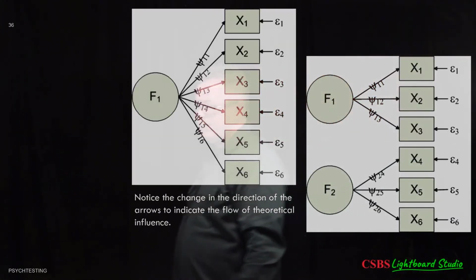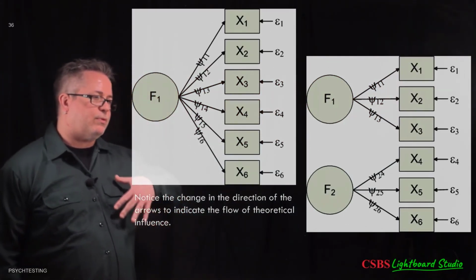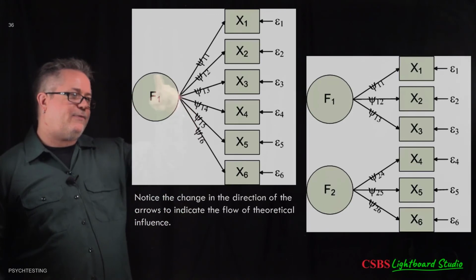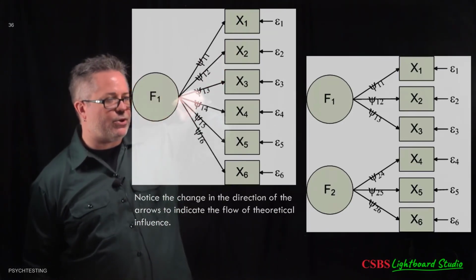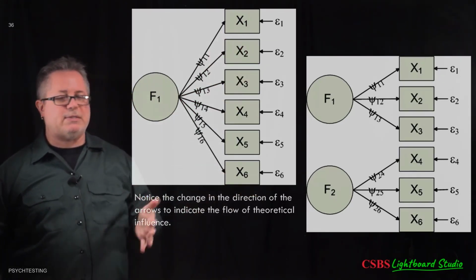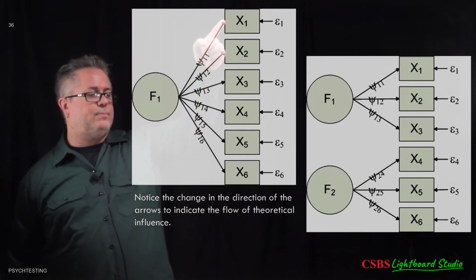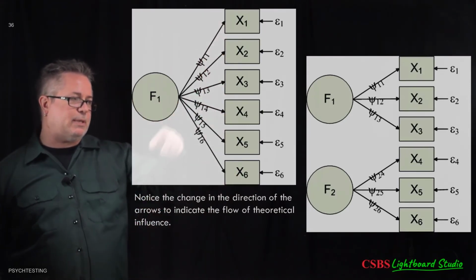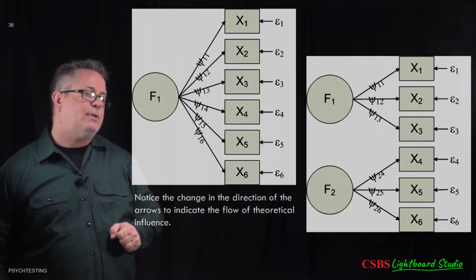So here we can see the arrows going in the other direction now. We're starting to theorize that these factors are really driving the responses to the items. That's why the arrows are going this way. So here I have 6 items, and I'm theorizing that I only need one factor to really drive all these items, something like depression as a general factor.